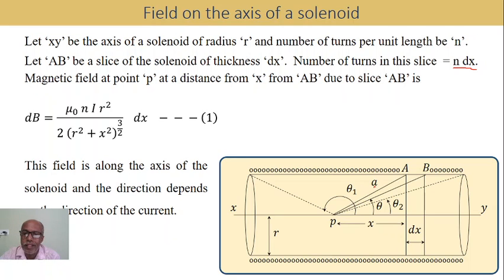Here A is the distance between point P and the slice A of the solenoid.